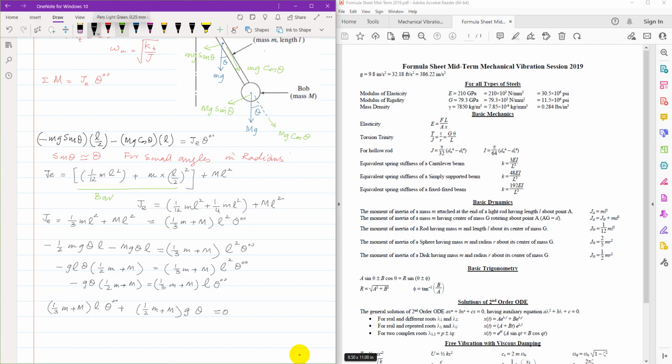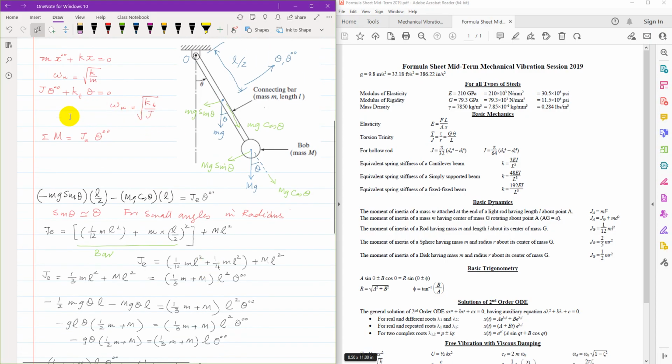So now here, these are the two factors. So natural frequency is equal to the coefficient with theta, kt, divided by the coefficient with theta double dot.